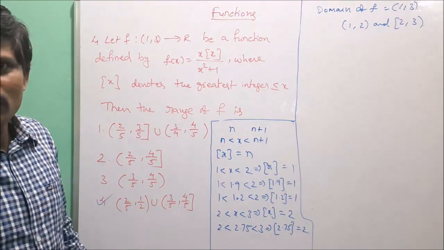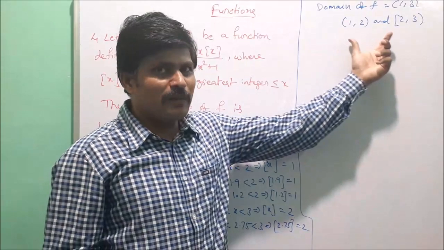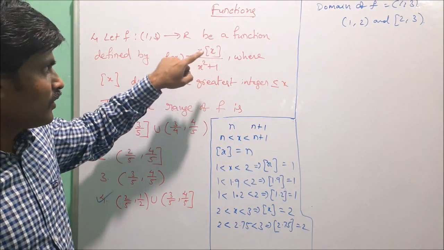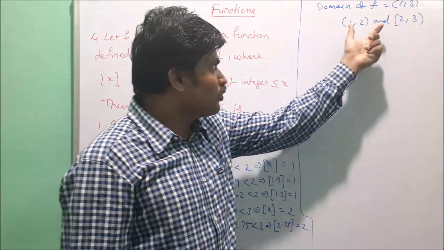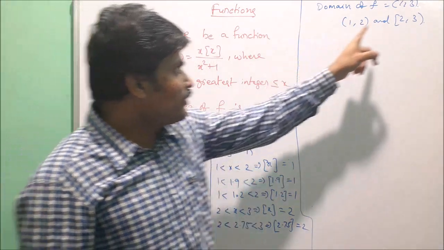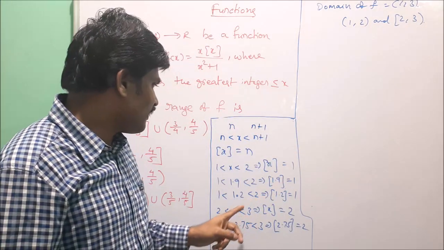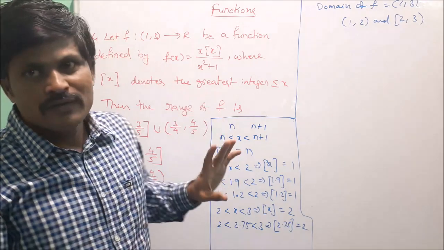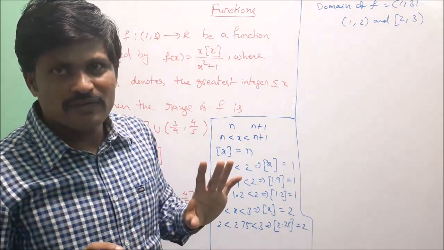Because of the greatest integer of x, between 1 and 2 the greatest integer of x equals 1, and between 2 and 3 the greatest integer of x equals 2. So here we divide the domain into subintervals.